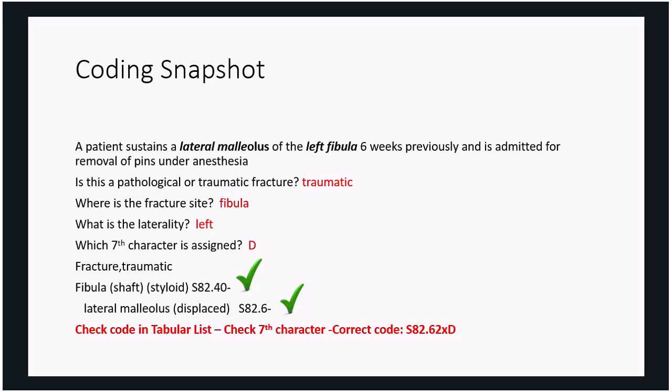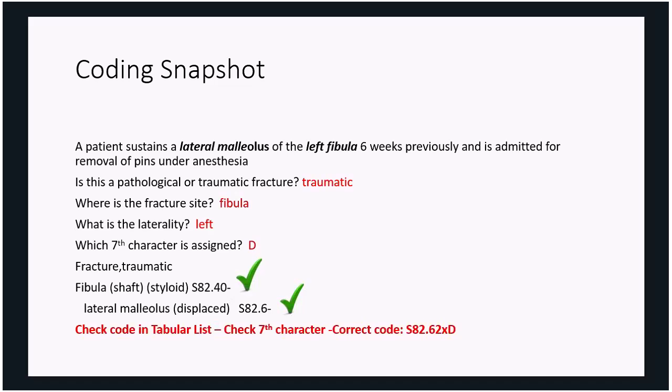So we're going to go to our main category, which is S82. Flip all the way back to category S82, and what you'll see there is a box that says the appropriate 7th character is added to all codes from category S82. Then you see a list of 7th characters.